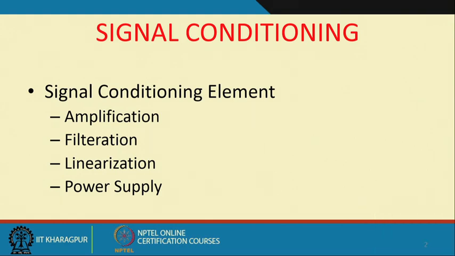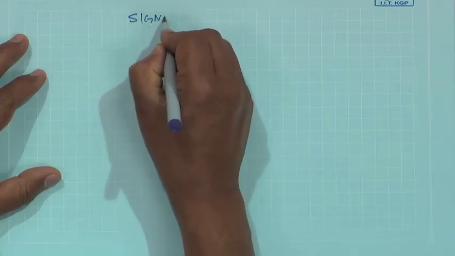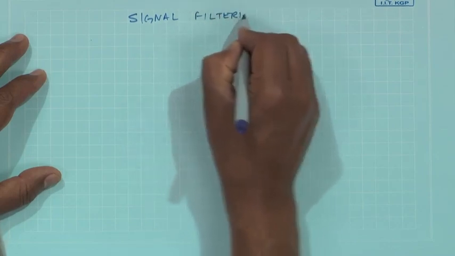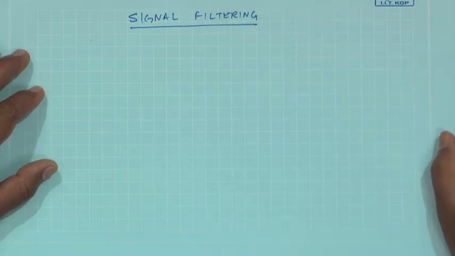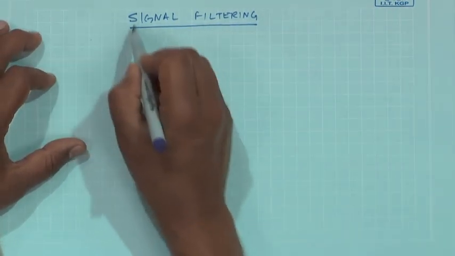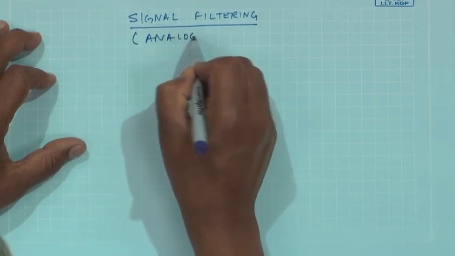Now, if I talk about signal filtering, we will talk about analog signals.